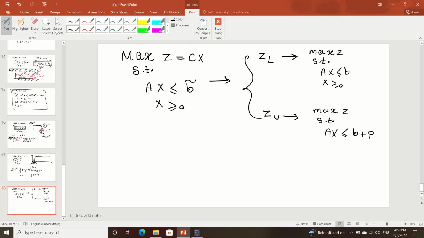The value that we considered for violation of the right hand side. Okay.